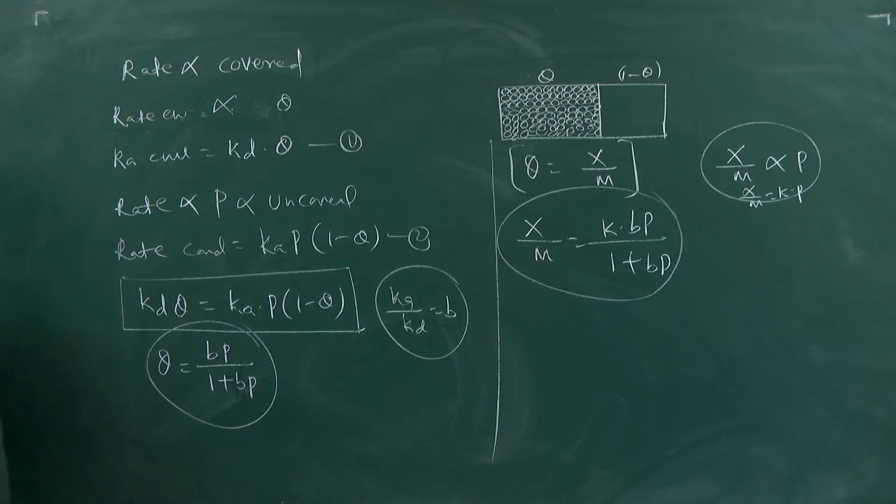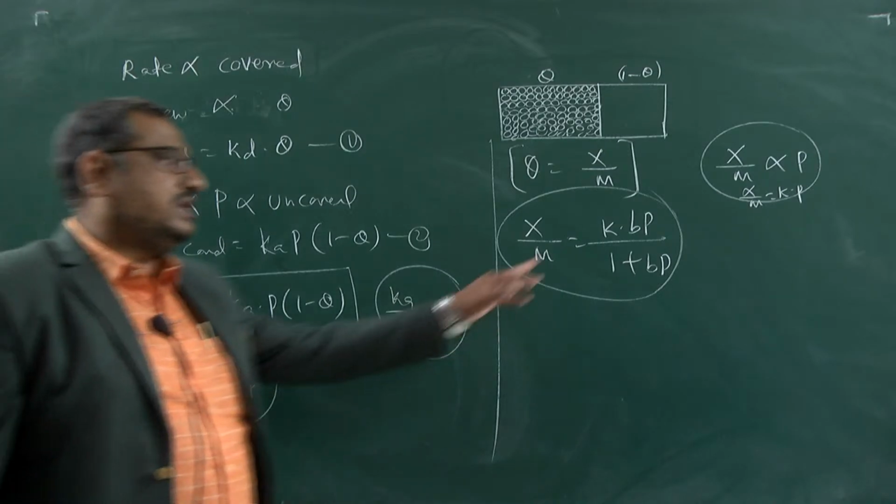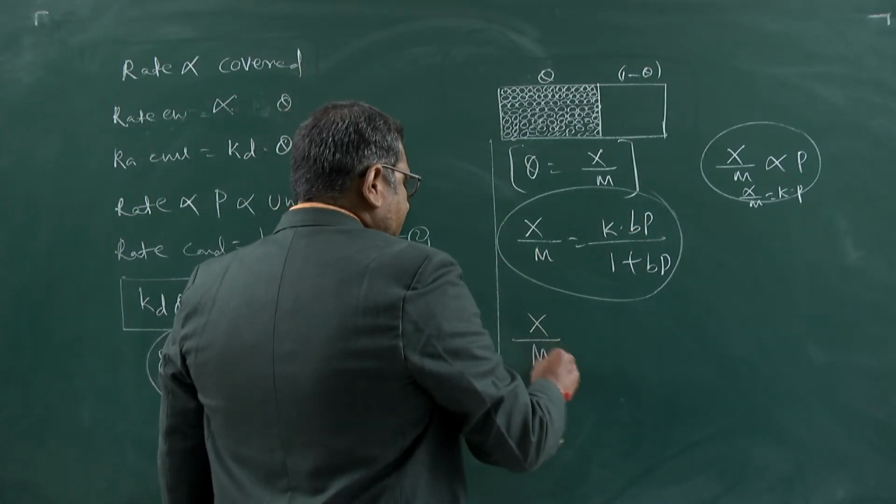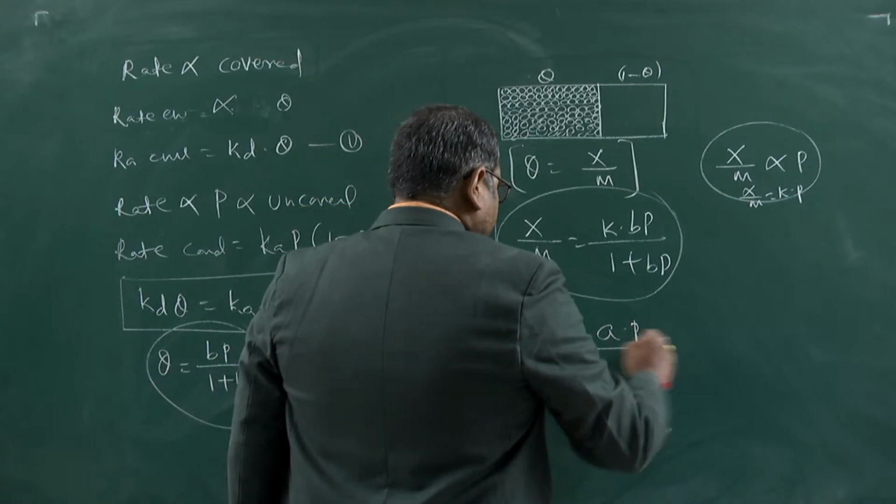B is one constant, P is the pressure, x is the gas material, and m is the mass of the adsorbent. Now here one more constant is there: K is a constant, B is a constant. So K into B we represent as another constant, that is A. If you represent these both constants, x by m is equal to AP by 1 plus Bp.